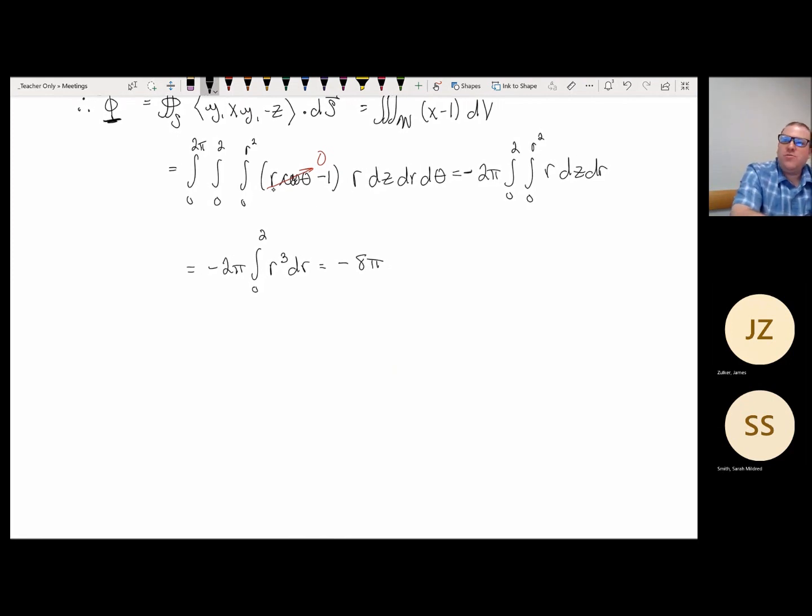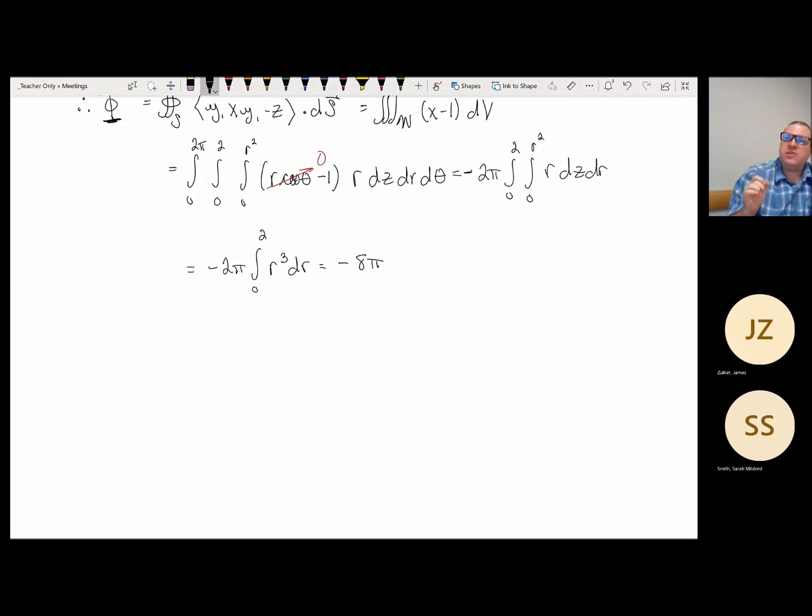The reason I can do that is, if I distribute the r through, it's r squared, and r is not dependent on theta. By the way, neither is z. If z was dependent on theta, I couldn't do theta first.